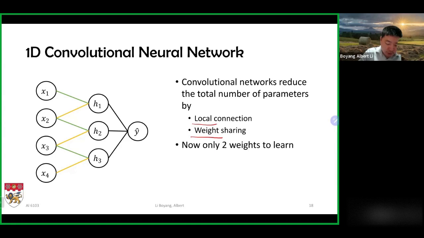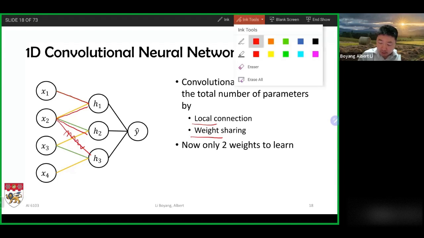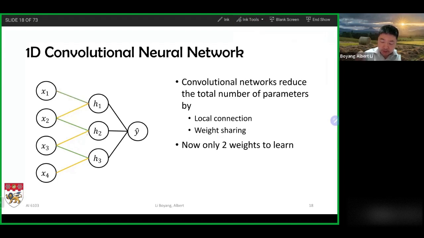So I'm going to connect x1 to h1 and not to h2 or h3. I'm going to connect x2 to h2 as well as h1, because those are the adjacent ones, right? I'm not going to connect x2 to h3. This link does not exist.